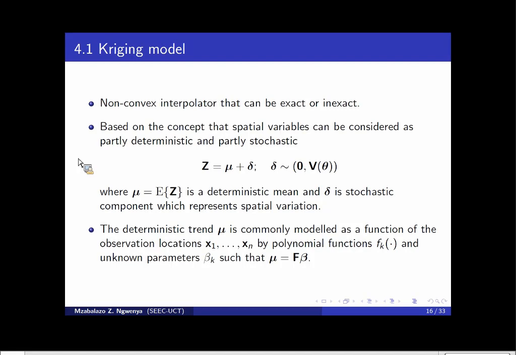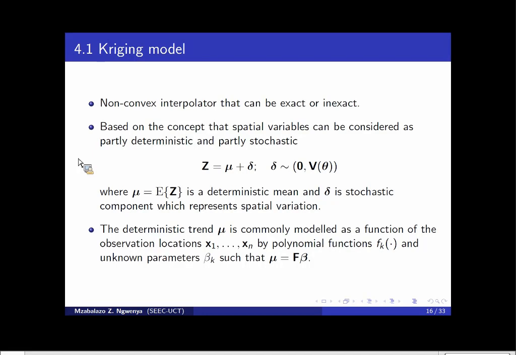Let's note one more thing about the model. Our deterministic trend is commonly modeled as a function of the observation locations by polynomial functions. So you can take your coordinates and basically create simple polynomials of the coordinates, which are mathematical functions. Agreed?